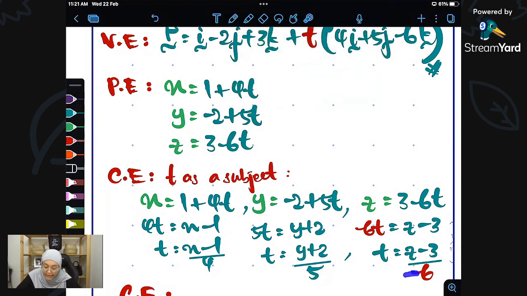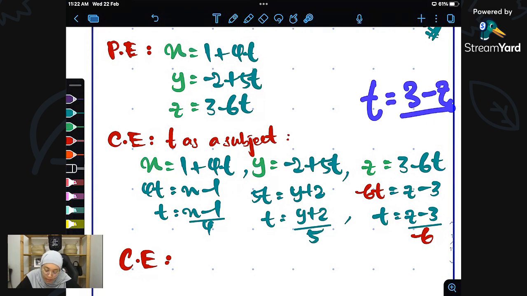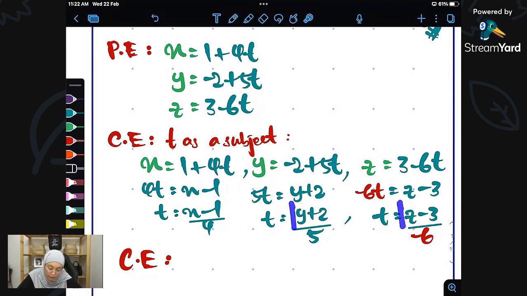I don't want to make it the other way, saya tak nak jadikan dia sebagai yang ini tau. Some of you might think, madam tak boleh ke jadikan begini, T bersamaan dengan 3 minus Z bahagi 6 instead. Ya, boleh juga, tapi saya nak jadikan positif, coefficient 1 for Z, coefficient 1 for Y, and coefficient 1 for X.